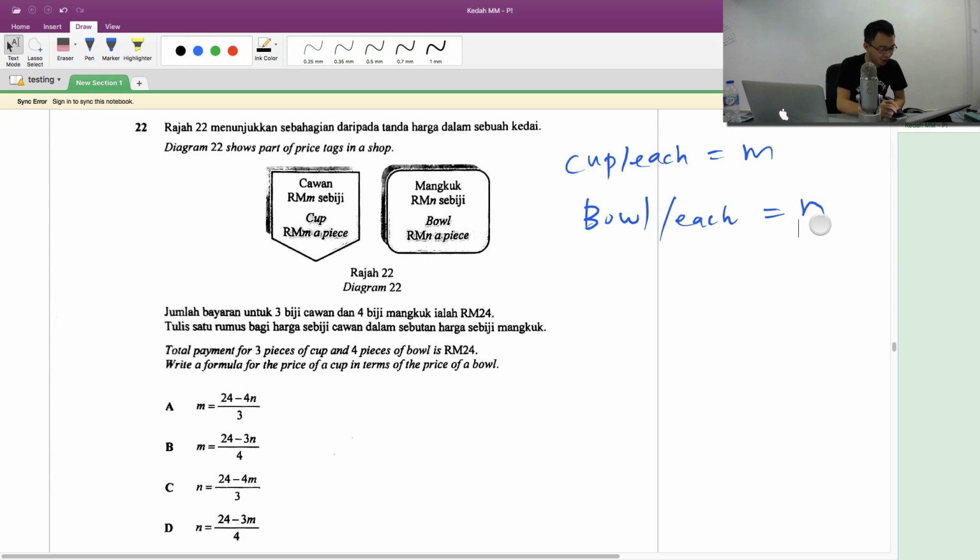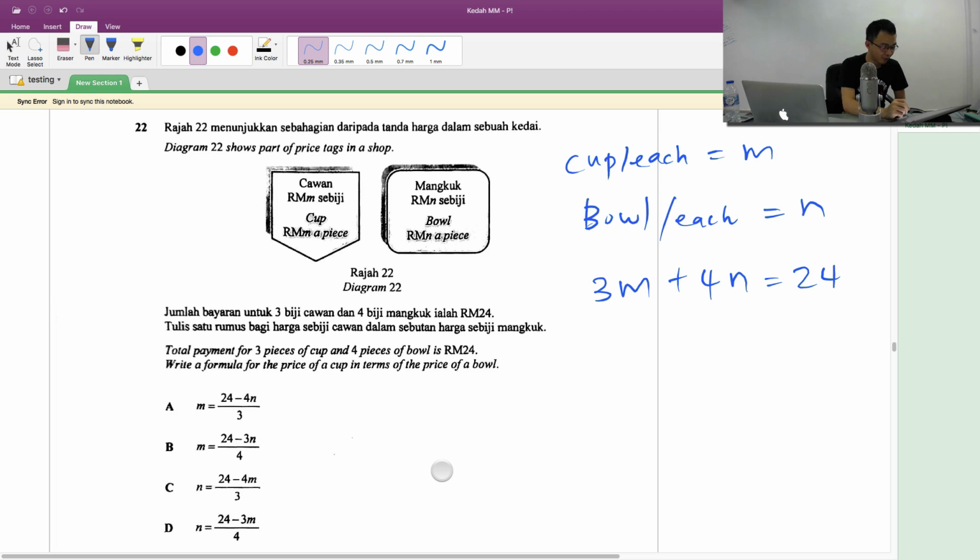Total payment for 3 pieces of cup and 4 pieces of bowl is 24. So I have 3 pieces of cup, so I multiply the money of cup plus 4 pieces of bowl, I multiply money of bowl, equals 24.